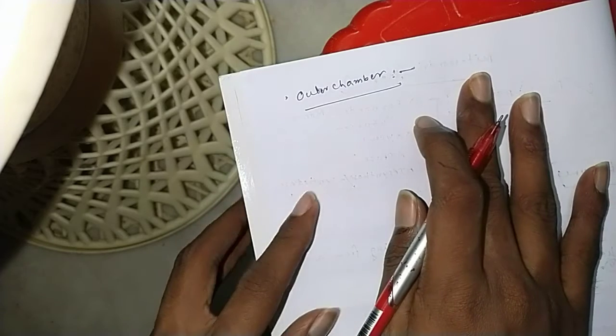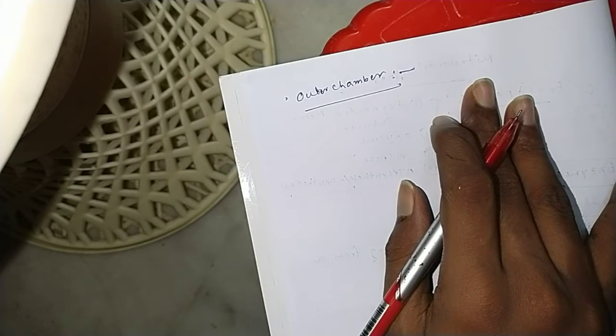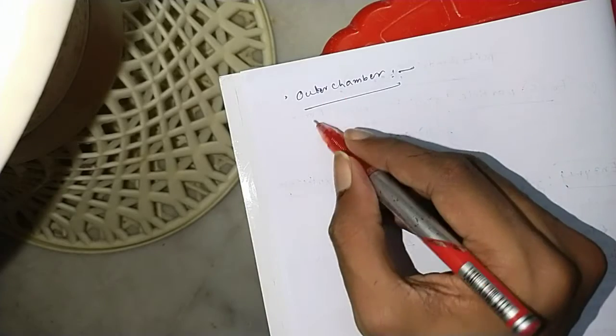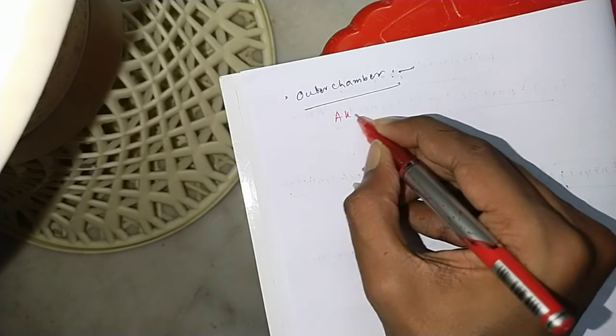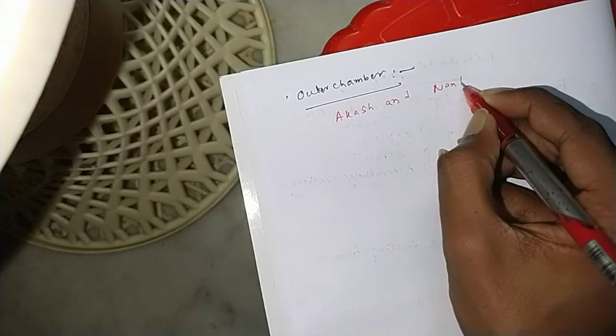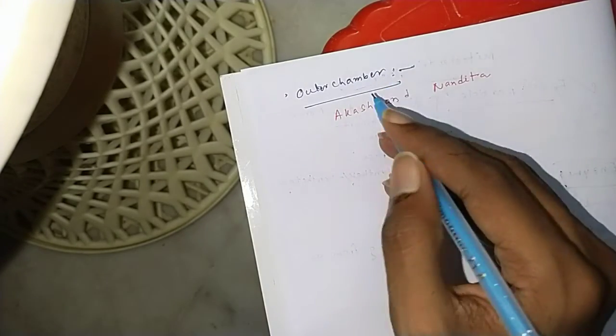For this, just imagine that when Rina and Mona were falling from the tree, Akash and Nandita saw them and they came to their rescue. So just write it here, Akash and Nandita. Now these two names will help you to memorize the enzymes that are present in the outer chamber.